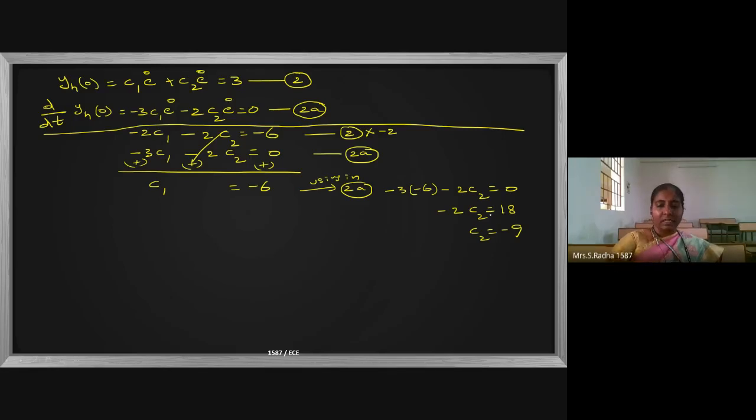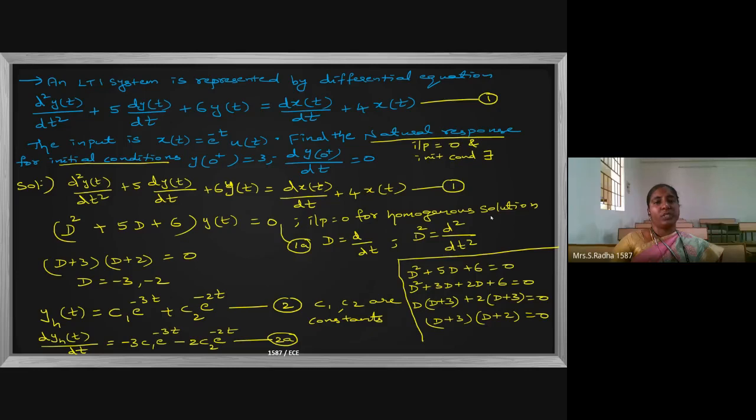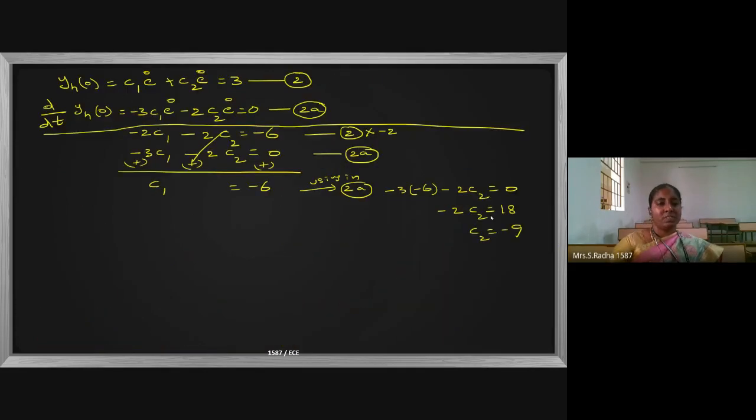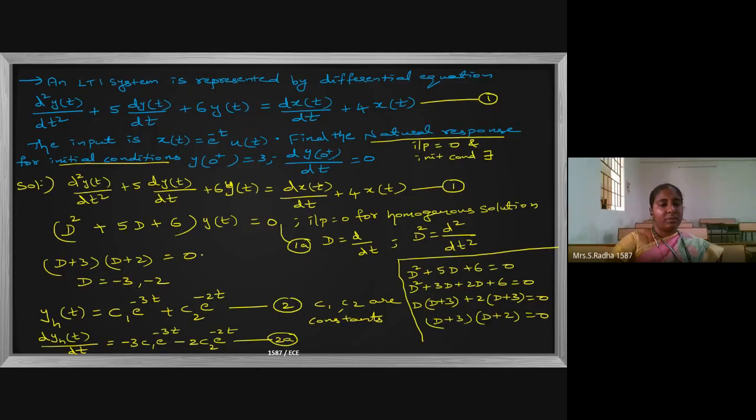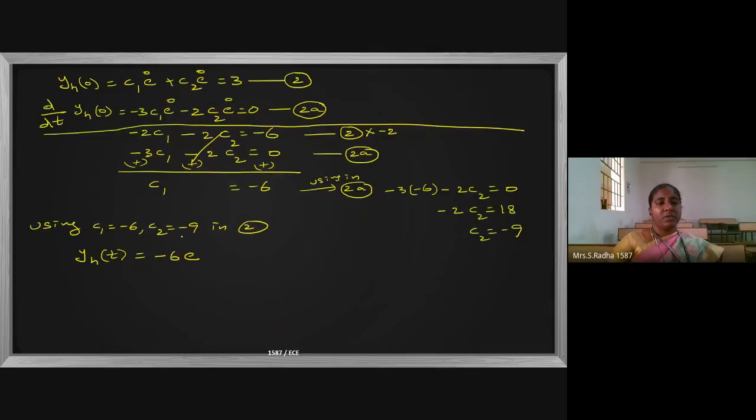Equation 2 is our homogeneous equation. Substitute the values of c1 and c2 here. So using c1 equal to minus 6 and c2 equal to minus 9 in equation 2, our homogeneous solution is c1 e power minus 3t plus c2 e power minus 2t.